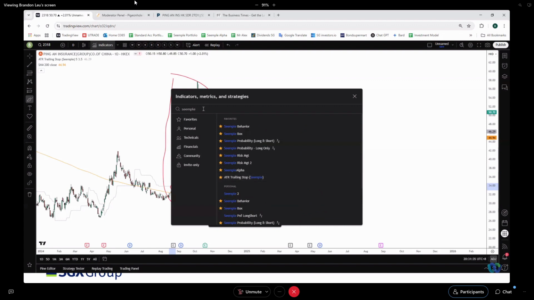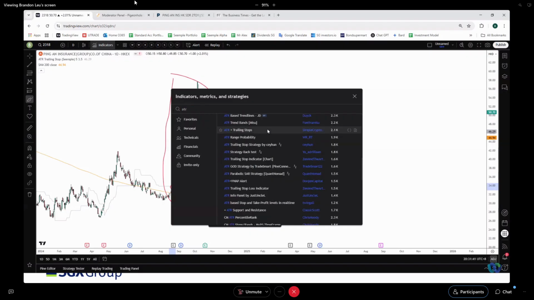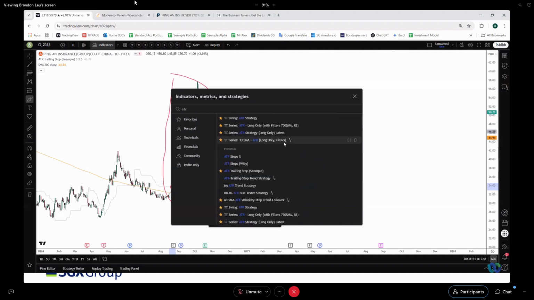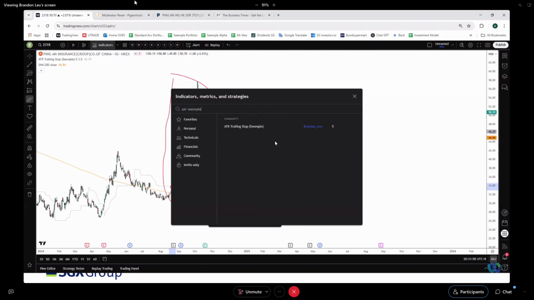You will be able to find the ATR easier, because if I just click ATR, many people have developed different ATRs because it's a very useful tool. There's a whole list of ATR, which I find still too complex, or I think it takes away the basics of technical analysis. So you can just key in ATR and simple, and you will see my name pop up. So this is the ATR that you would like to add to your trading toolbox.